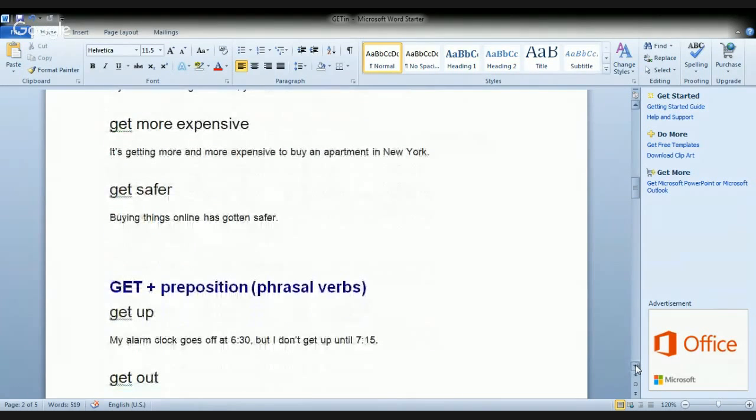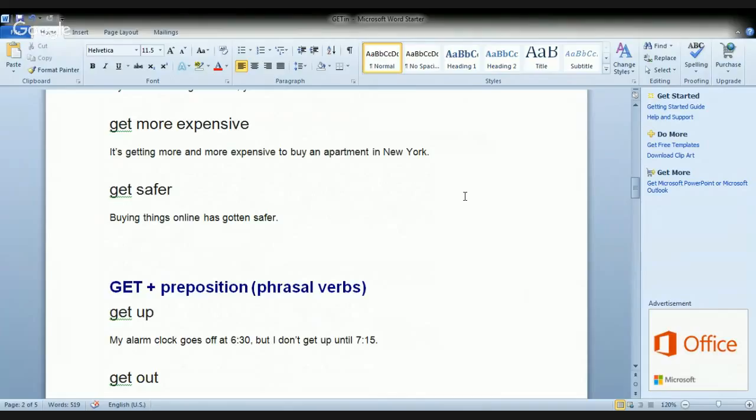Get more expensive is the next one on the list here. It's getting more and more expensive to buy an apartment. So little by little, it's getting more and more expensive. And New York is a very popular place to be, and so of course prices will go up. And the last one for this category, we have get safer.